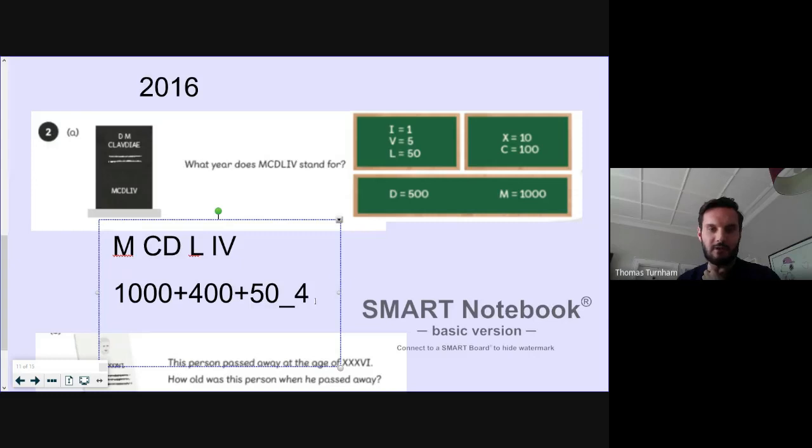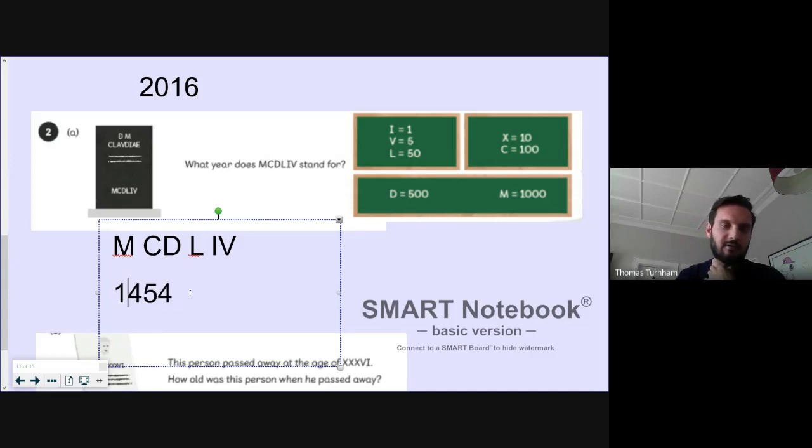So we've got 1,000 plus 400 plus 50 plus 4. So I can bring my 50 and my 4 together to make 54. I can bring my 54 and 400 to make 454.